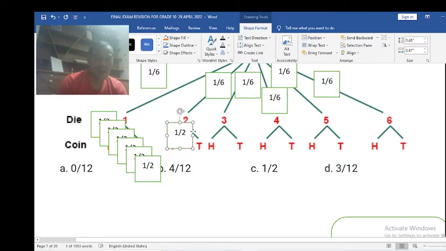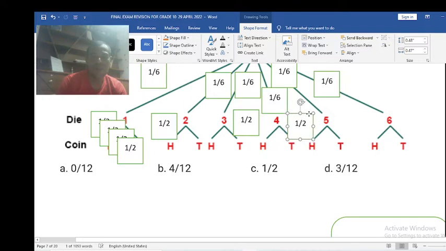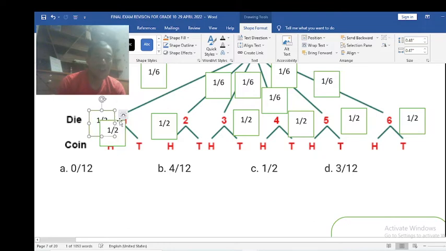They have the same probability. All of these are half, and also here is half, but I don't have more space for this diagram. The probability of getting a tail is also half.